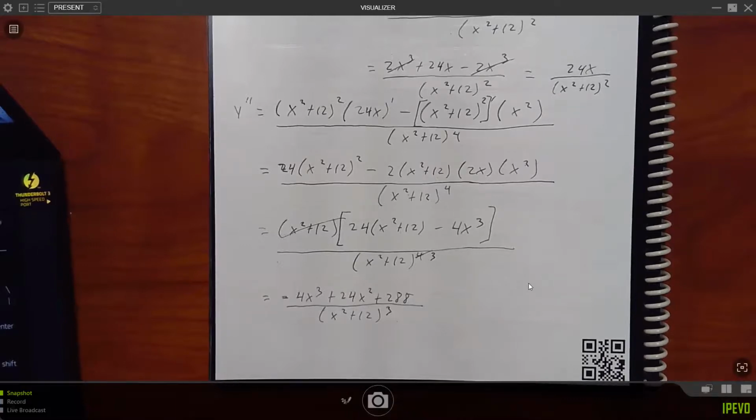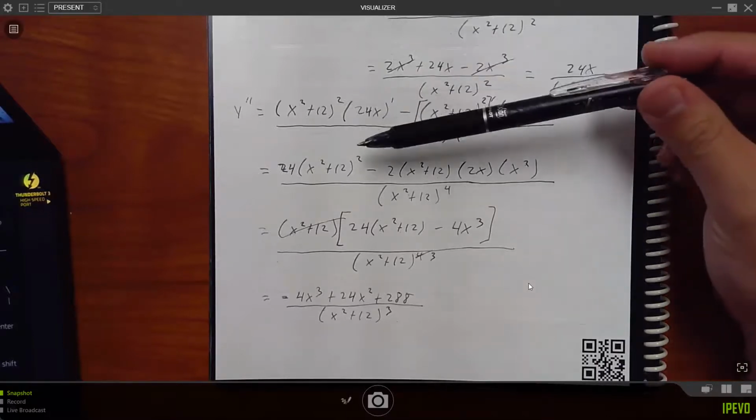Yeah, so they're the same derivative. It's not pretty at all. Oh well. Let me double check that I didn't make any mistakes.